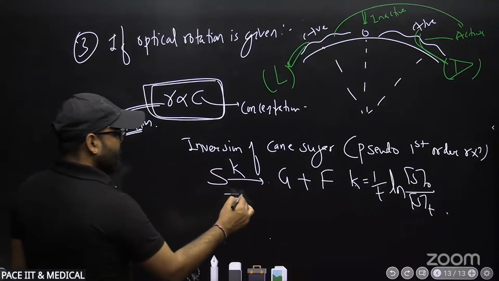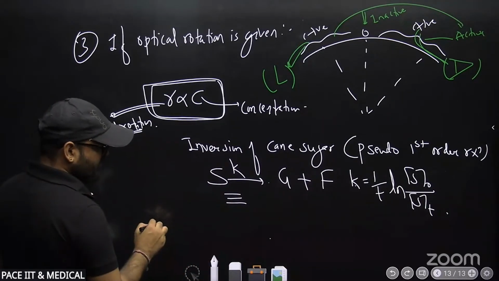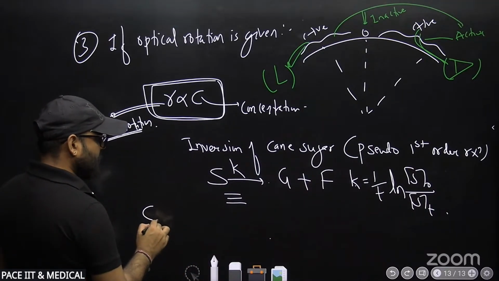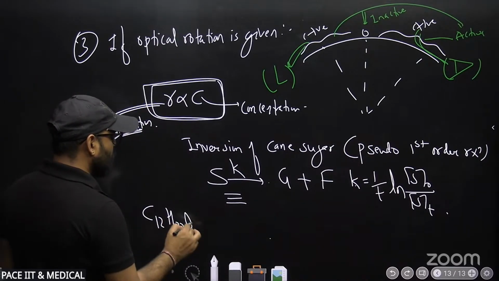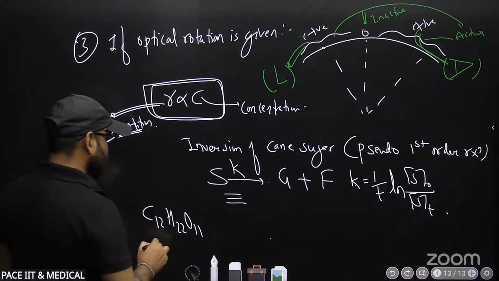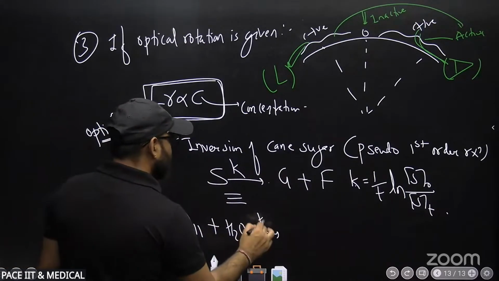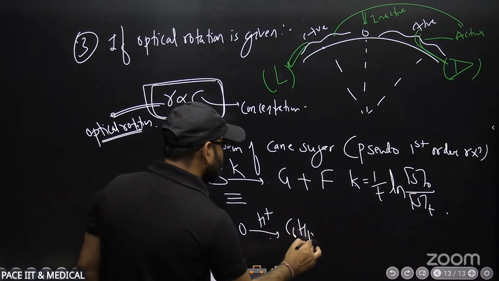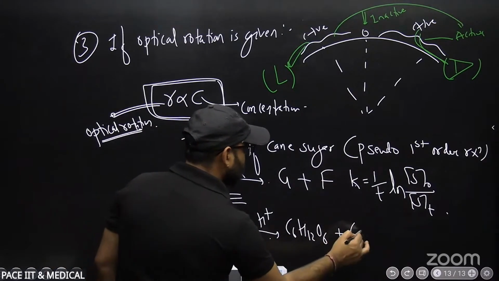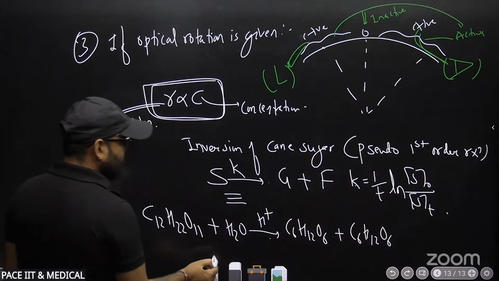Now, if I write its full reaction, you must be remembering the formula of sucrose: C12H22O11. This is sucrose plus H2O. Then in presence of acid catalyst, glucose is C6H12O6 and fructose is also C6H12O6. Sir, why are you writing the same formula?